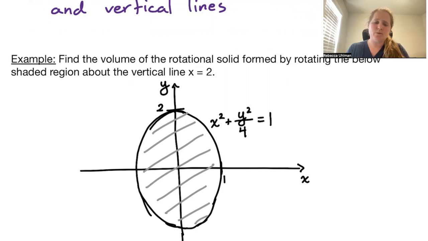And we are supposed to rotate about the line x equals 2, which is the vertical line.